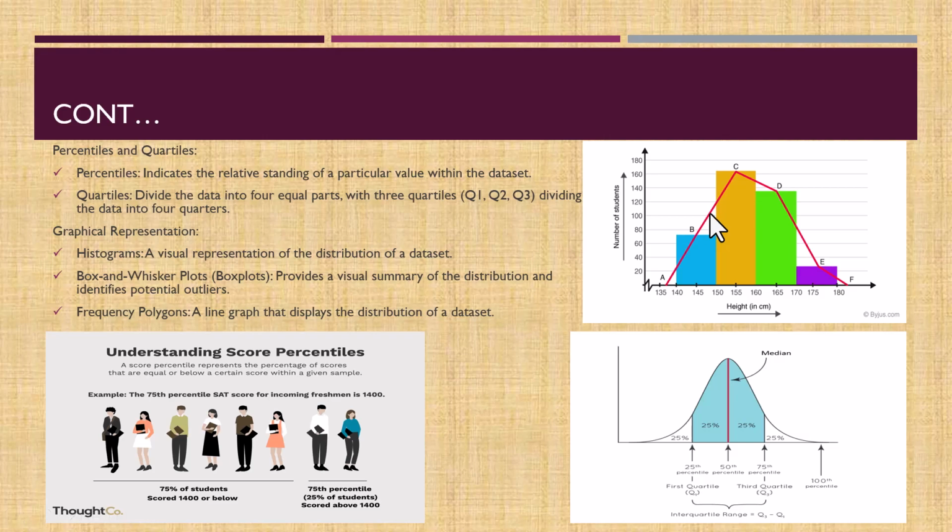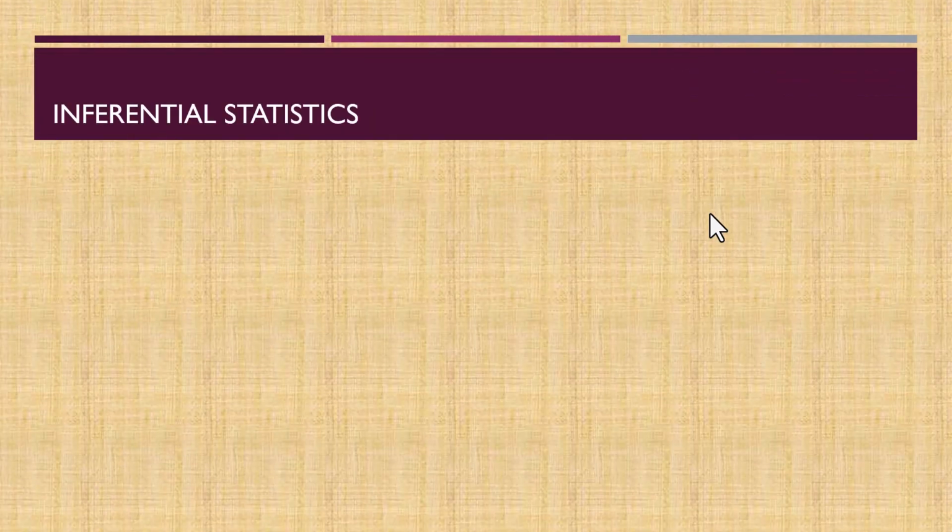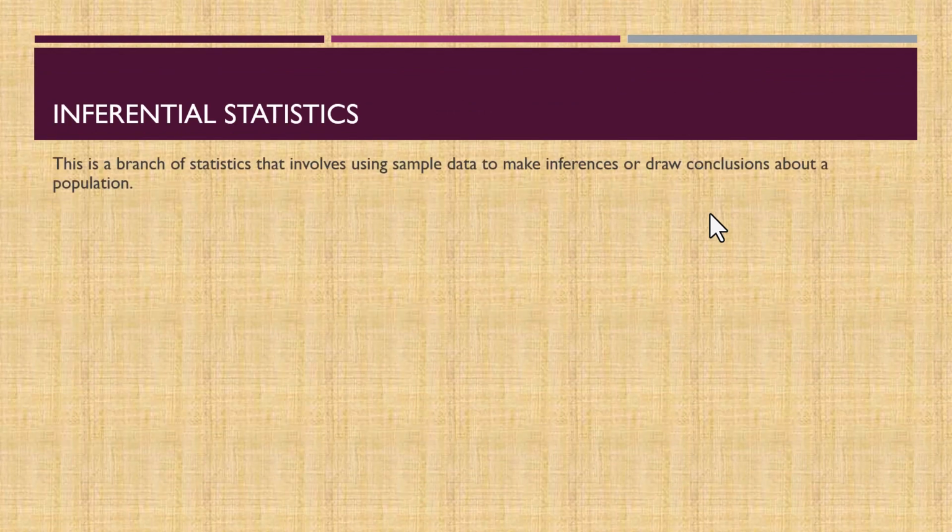Let's look at inferential statistics. Let's dive deep into that and know what it means. This is a branch of statistics that involves using sample data to make inferences or draw conclusions about a population.